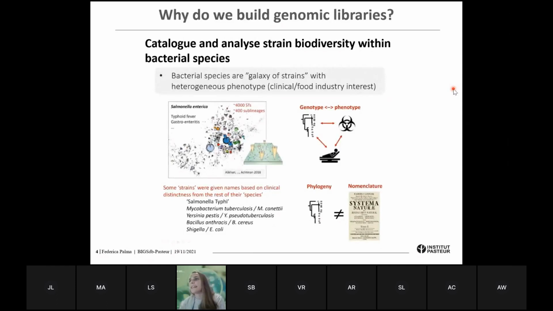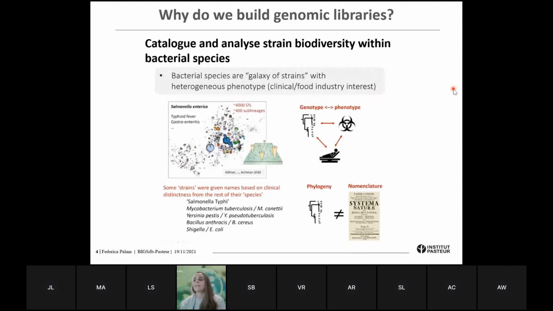As an example, for the species Salmonella enterica, we have hundreds of sublineages within the species and thousands of genotypes, which are the sequence types, that can be associated with particular phenotypes, such as clinical outcomes.